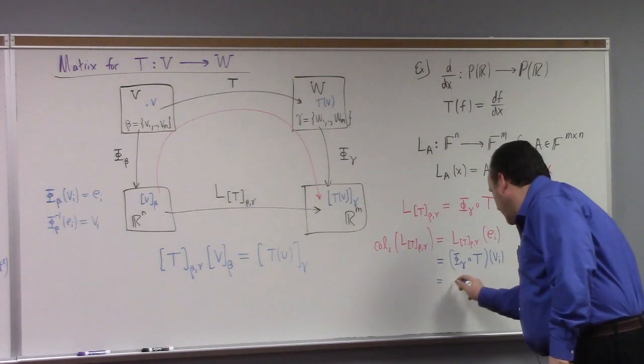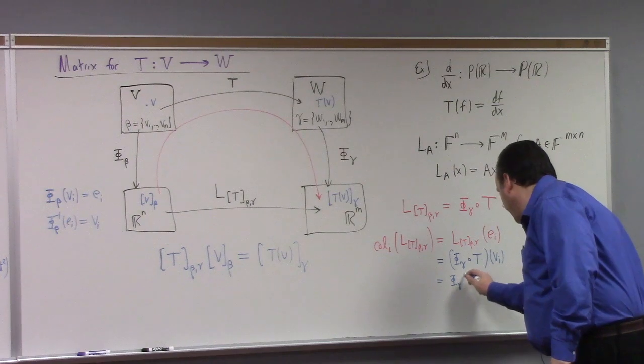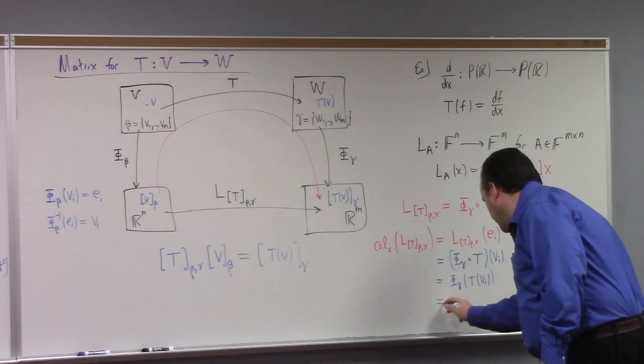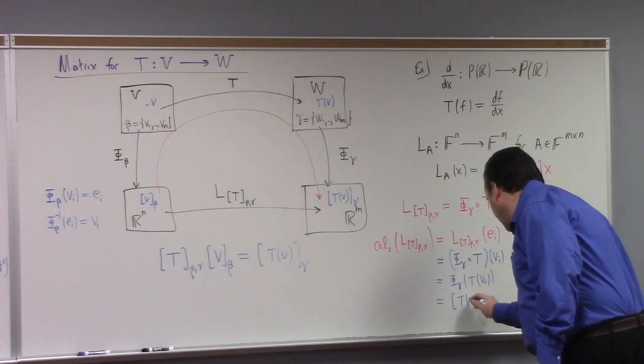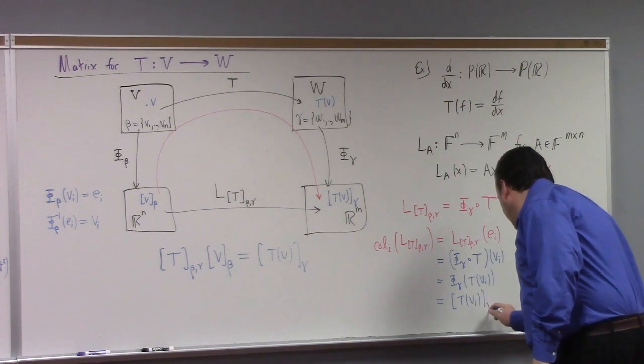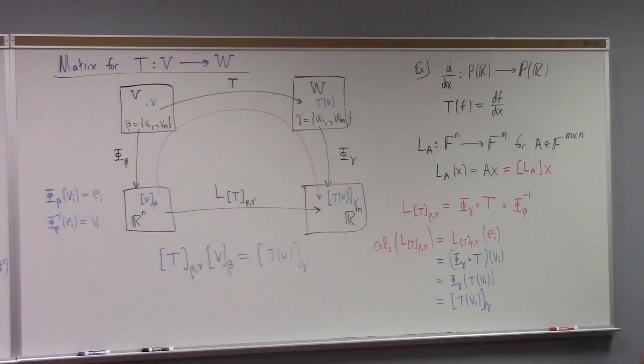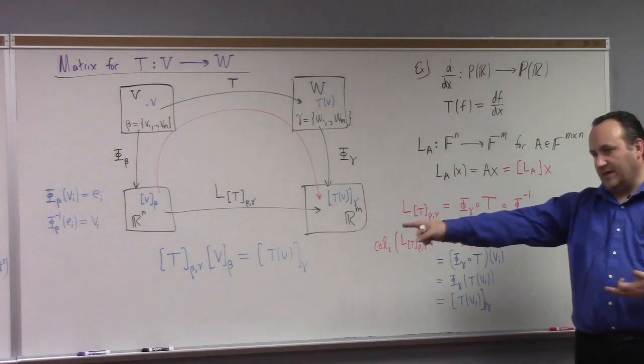Then what I'm looking at is phi gamma of T of v i, or in my other notation, T of v i in terms of the gamma coordinate basis. But that's exactly what that means.